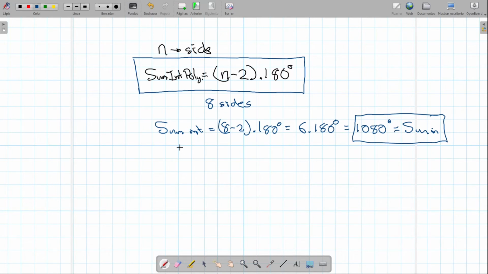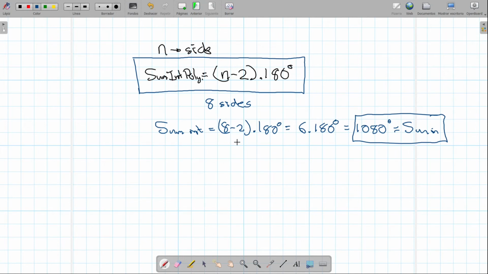Okay, this becomes very interesting when... what we have talked about is used for both regular and non-regular polygons. What is a regular polygon? Those polygons where all the sides and all the angles are equal.